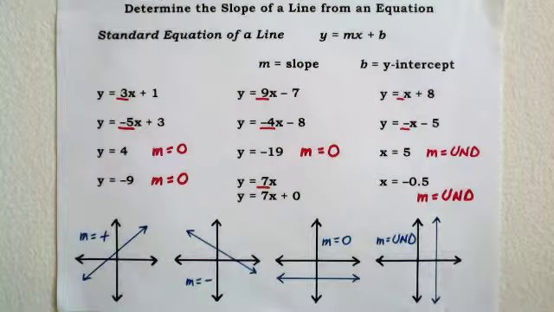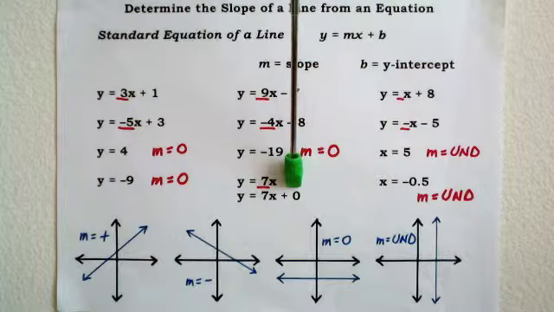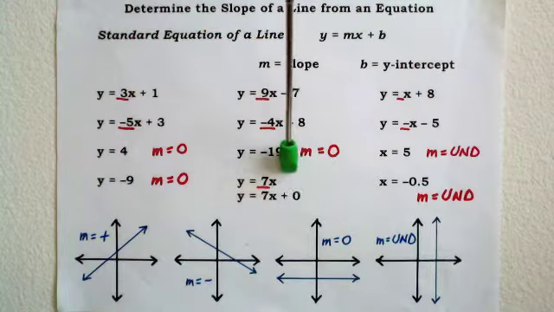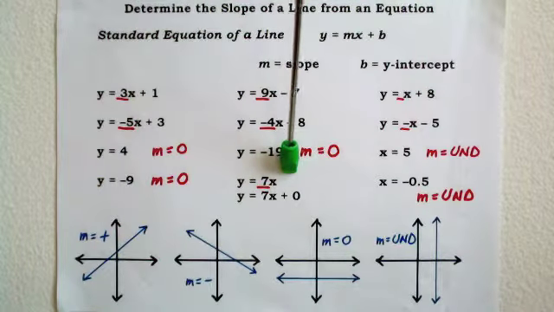We don't need to write 0 because anything plus 0 is still itself. 3 plus 0 is 3. 5 plus 0 is 5. Negative 10 plus 0 is negative 10. 0 is the additive identity. It's the only number that you can add to any other number or term and not change it. So it's here. This is my y-intercept, but you just don't see it.